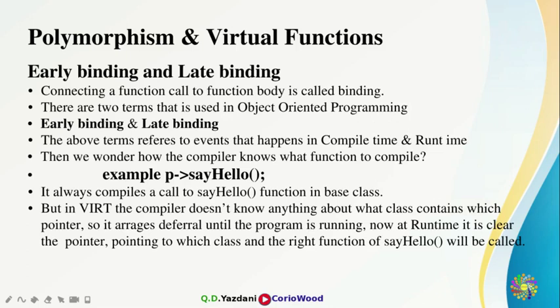Keep in mind that function overloading is early binding or static binding, and it is a form of polymorphism. And late binding, which we introduced with virtual functions and pure virtual functions, is called late binding or dynamic binding, and it is also a form of polymorphism.